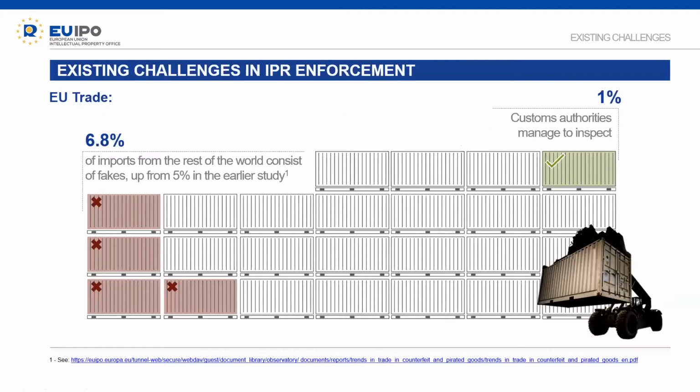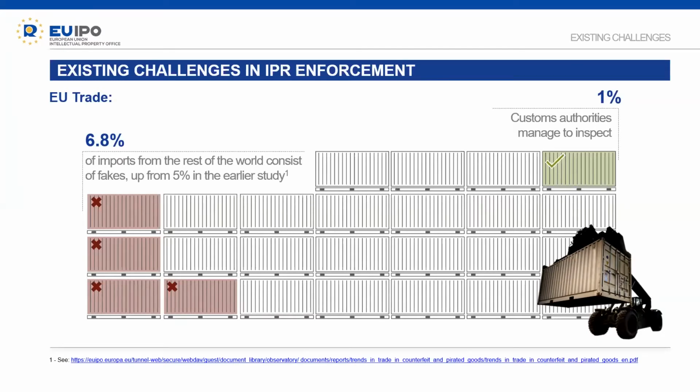So just for you to get a context of what we're dealing with in the EU with regards to IPR infringements. From all the products we import into the EU market, 6.8% are fakes.